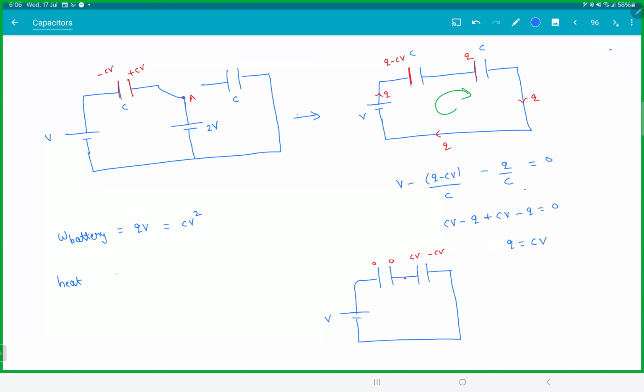Therefore, heat produced will be initial energy, okay. Heat will be U initial plus work done by battery minus U final. U initial and U final are both the same. So work done by battery is only CV square. That's your heat produced.